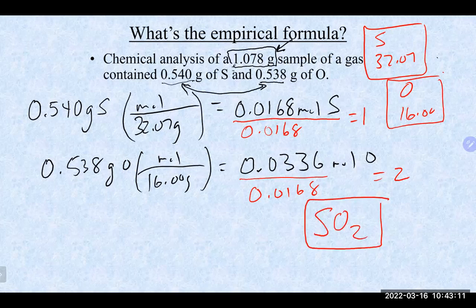Any questions on any of those steps? This is another way that these problems will sometimes be given to you. Maybe not the percent composition, but you'll be given the grams of each of them straight out, and then you could just roll from there. Questions on that? Okay.